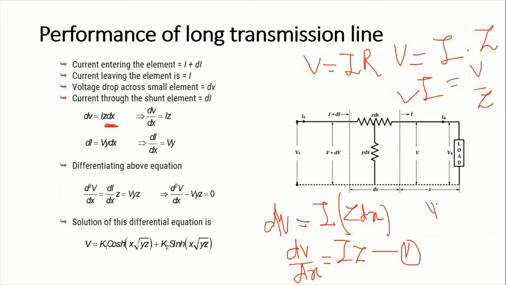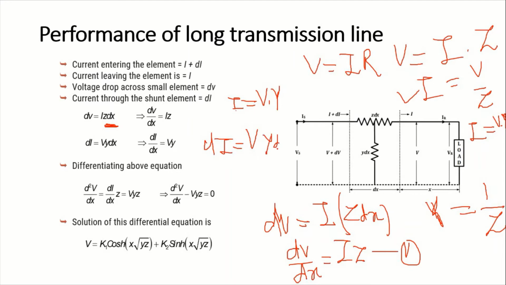But for the admittance equation, Y is equal to 1 upon Z. Admittance and impedance are reciprocals of each other, so in this equation we can write I is equal to V into Y instead of V by Z. Clear? So the current becomes I is equal to V into Y. From this equation, for this shunt element, the current is dI, the voltage is capital V, and the admittance of this small element is Y into dx.